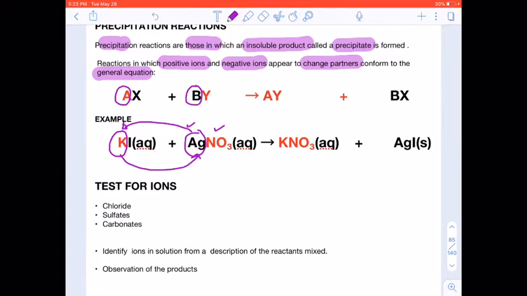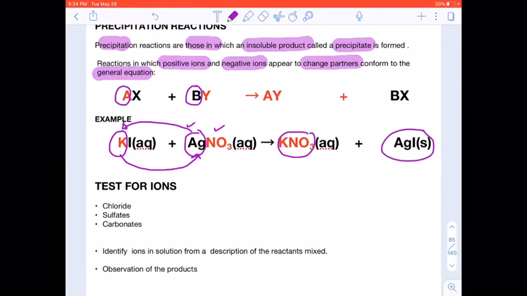But because the partners exchange, K plus now combines with the nitrate to give KNO3, as we show you there, and Ag changes its partner, and the partner is then iodide, like that.